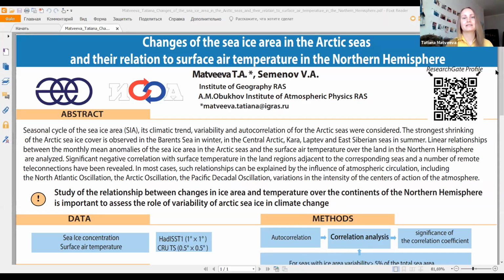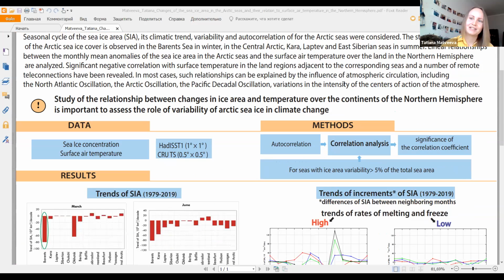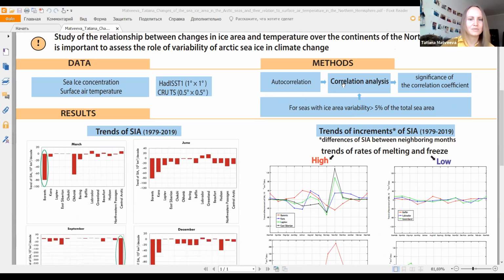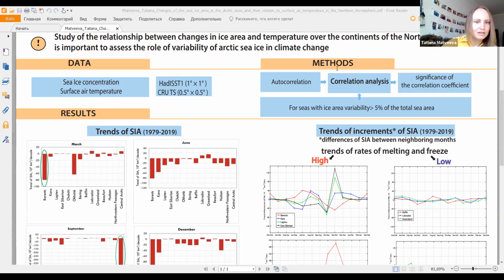I analyzed seasonal cycle, trends, variability and autocorrelation, and in my poster I present some trends of Arctic sea ice area, as examples.